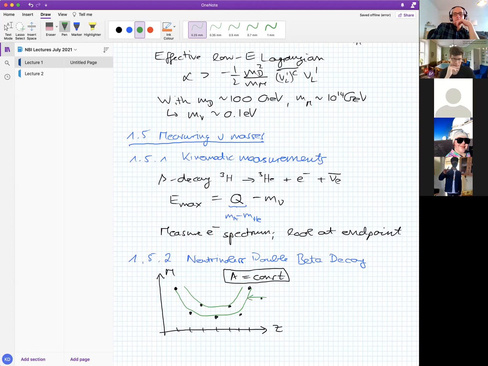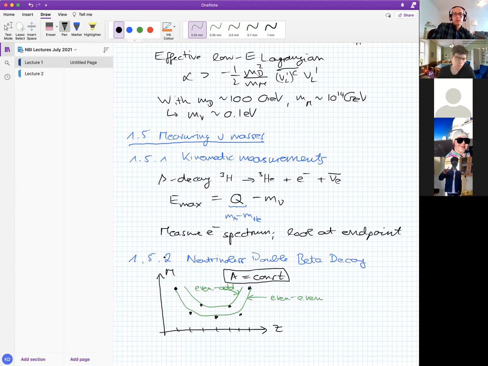So here the bottom curve are the so-called even-even nuclei with even numbers of neutrons and even numbers of protons. And the top one are the even-odd nuclei, where one of them has an even number, the other one has an odd number. I'm not showing odd-odd nuclei here because a proton doesn't pair up with a neutron so easily.